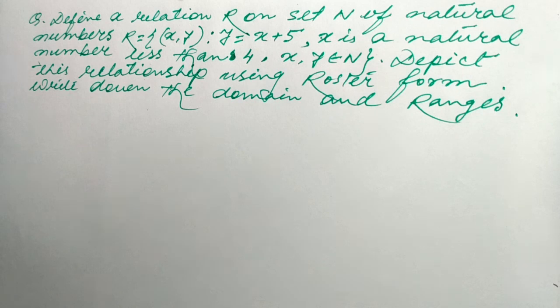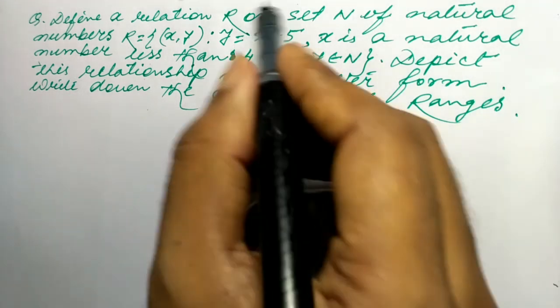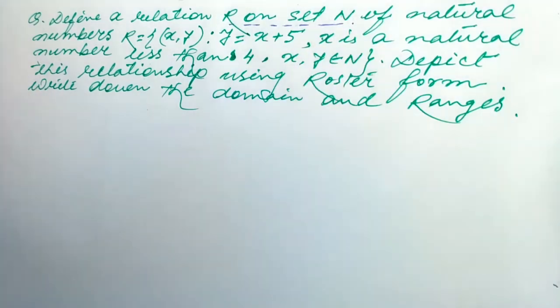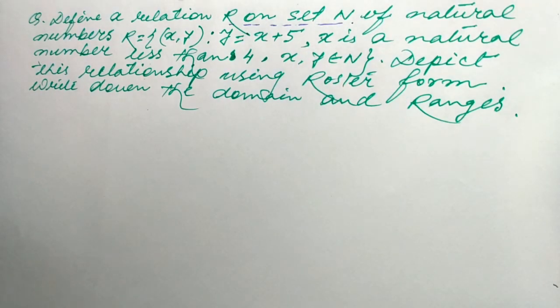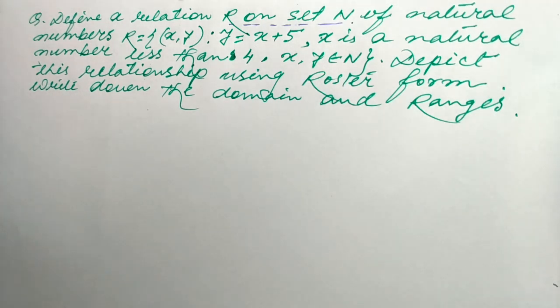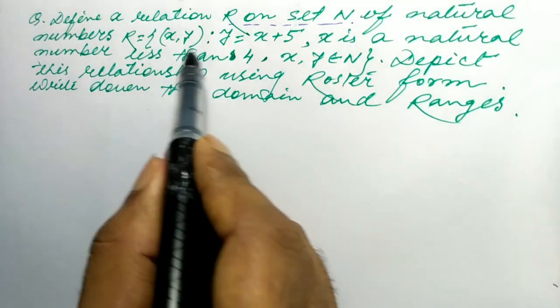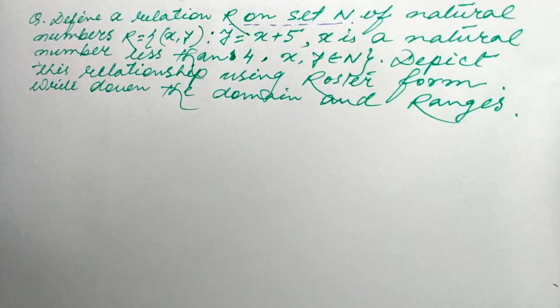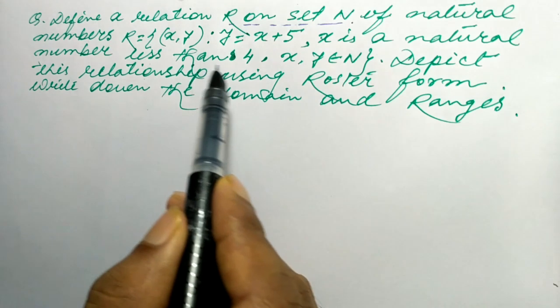Here the relation is on set N. That means our input is N and output is also N; there are no other sets than the natural numbers. The relation is y equal to x plus 5, and it is also mentioned that x is a natural number less than 4.